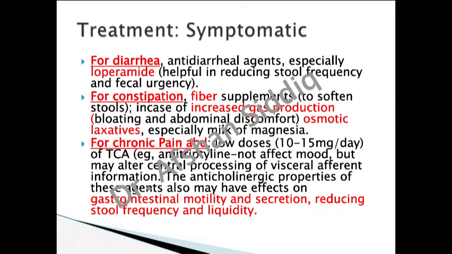Along with this, amitriptyline is effective for the treatment of gastrointestinal motility and secretion in those IBS conditions where diarrhea is mainly involved in the symptoms, as it reduces stool frequency and liquidity.